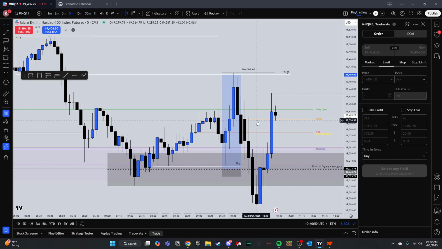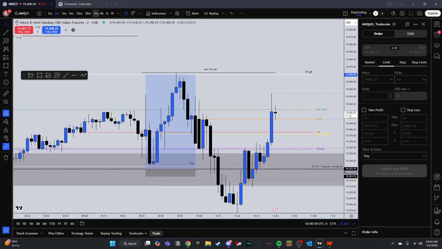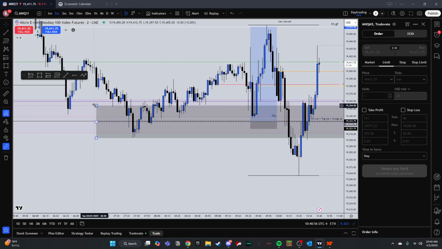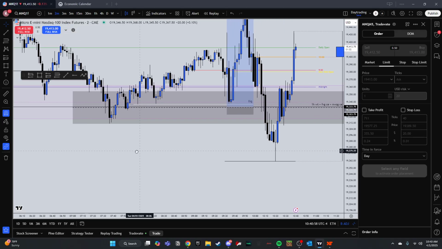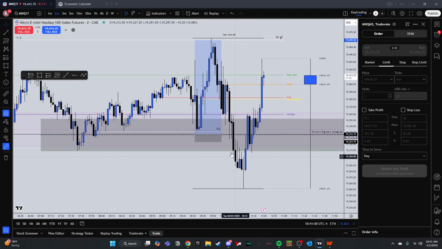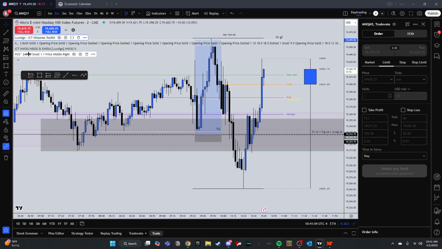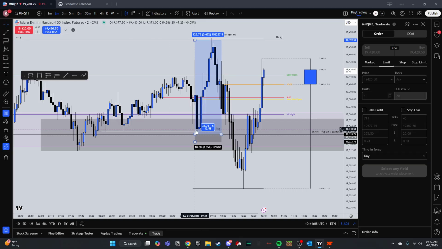And we did kind of get that, but unfortunately, if we look a little bit closer, you see behind this is this little purple box here that is marked out for our new week opening gap. That's one of our indicators that we have here. So our new week opening gap got touched to the CE.